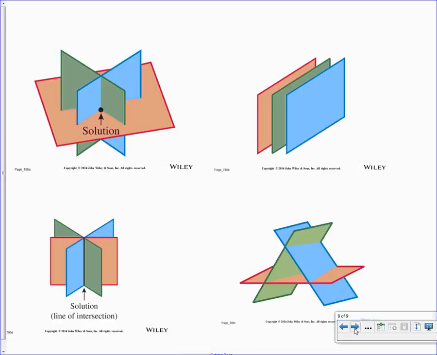So there are a couple more vocabulary words that you're going to need to know. Thinking about all the different solutions, this is what they're going to look like when they're graphed. So remember, we have x, y, and z. So we're graphing in 3 dimensions. Instead of graphing lines, we're graphing planes. If you have one solution, your 3 planes meet in one place. So this is an example of your unique solution. You have one unique solution.